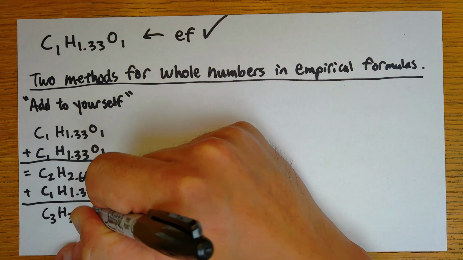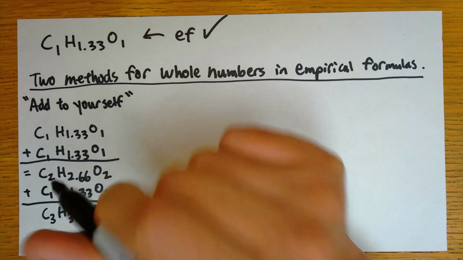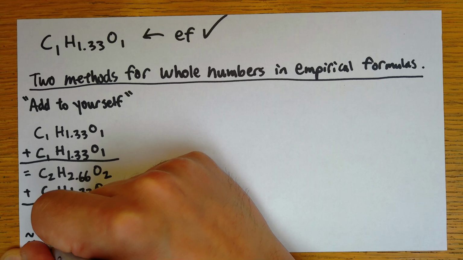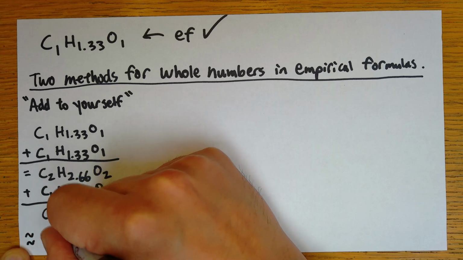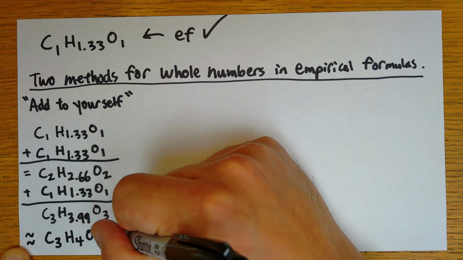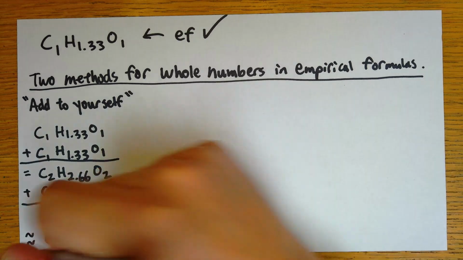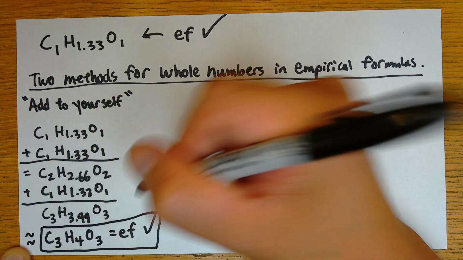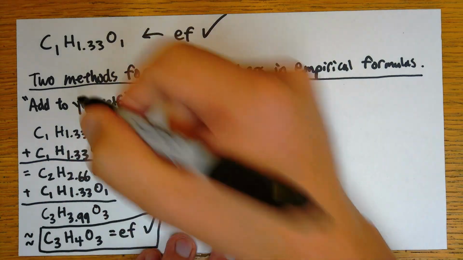And then 2 plus 1 is 3. So at that point, we say, that's within reasonable experimental error. So we have C3H4O3 as our empirical formula. Okay, so that's the add to yourself method.